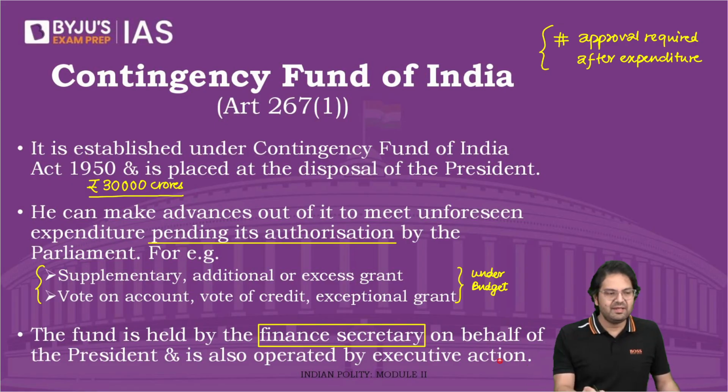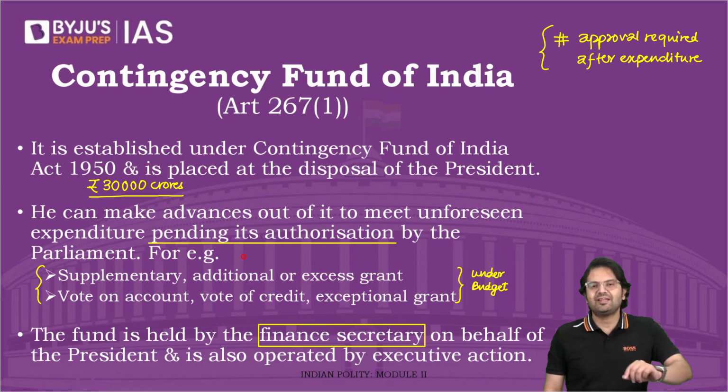Pending its authorization means till the authorization is done, you can keep on spending money. The government maintains these accounts, not RBI. RBI has no interest in all these things. How to check that money taken is correct? All the expenditure is audited.